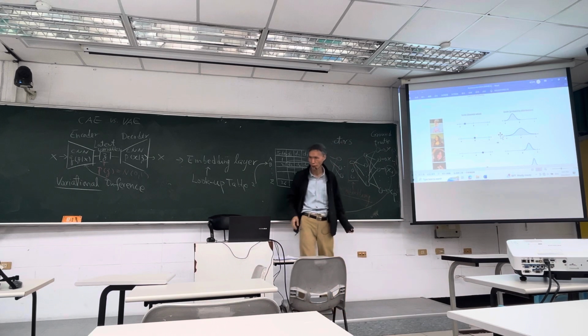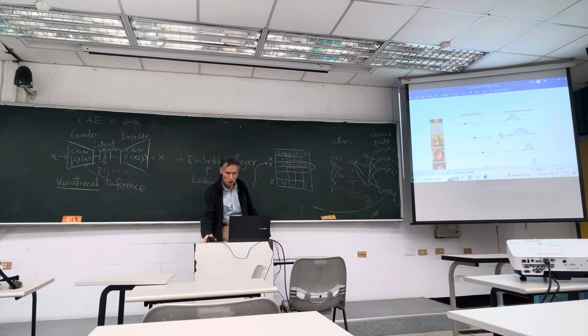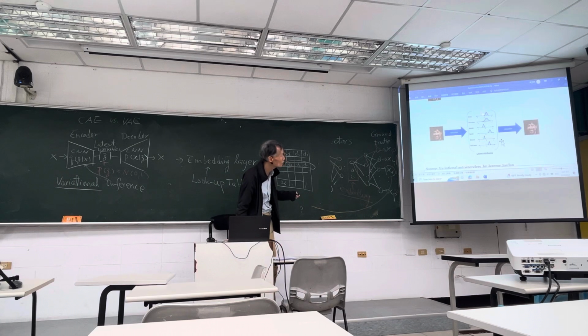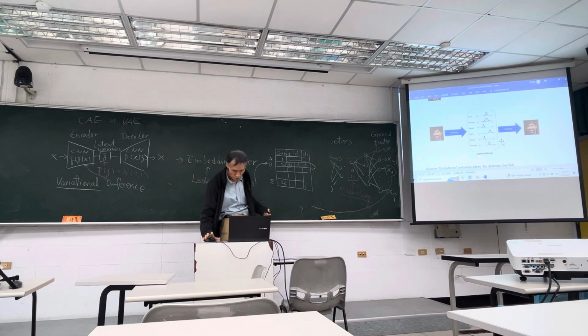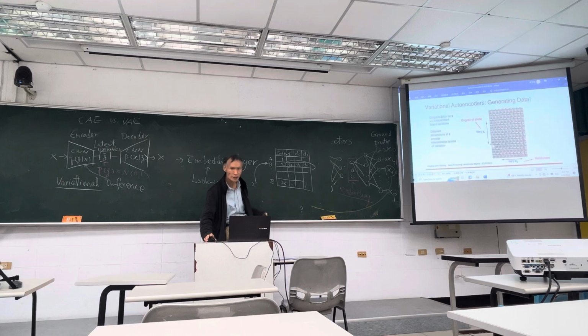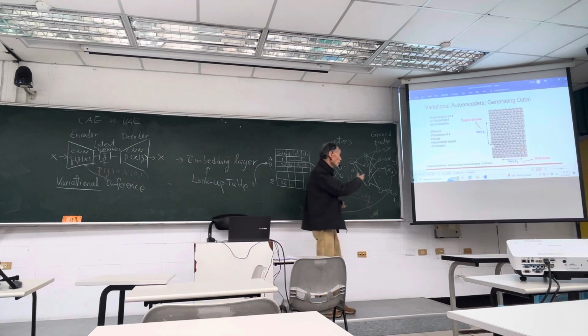Now, just give you a few more seconds here. For this input, you are trying to express it with a different distribution value. This example is from Fifty's class notes.